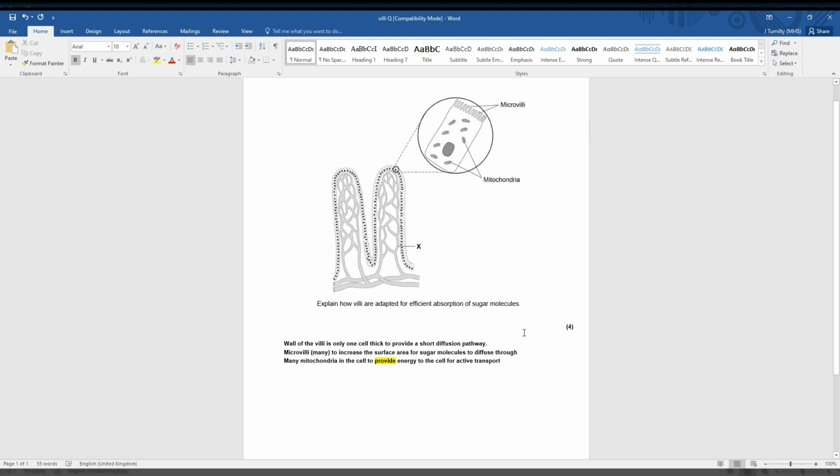That's against the diffusion gradient, isn't it? So we need energy to do that. So to provide energy for the cell for active transport of sugar molecules. Okay, so that's another possible answer there as well.